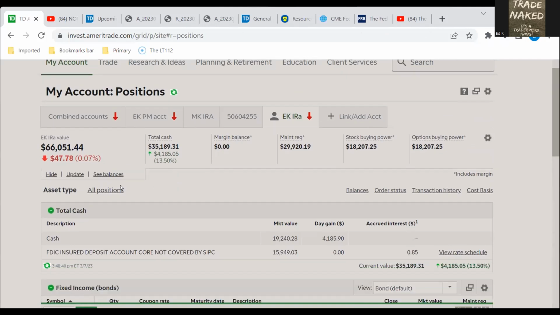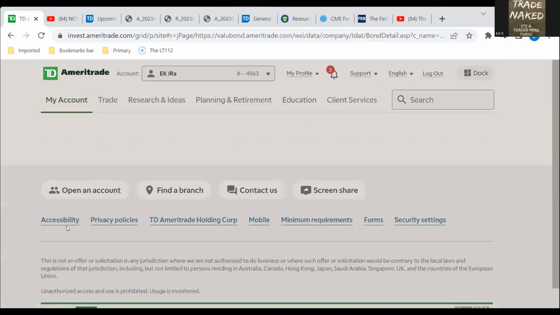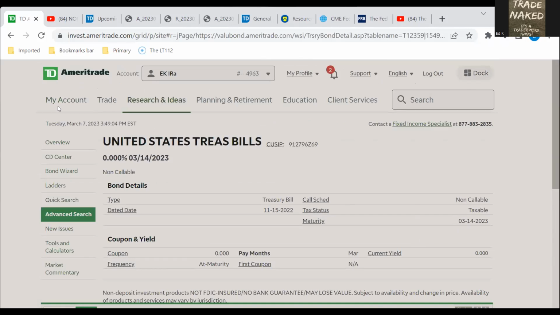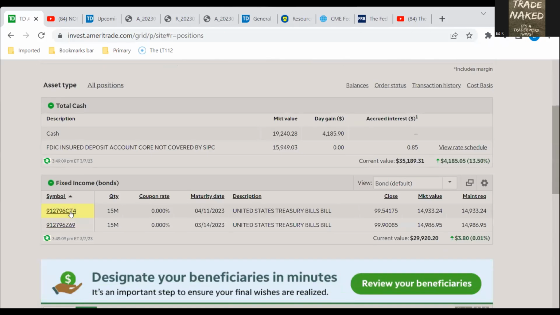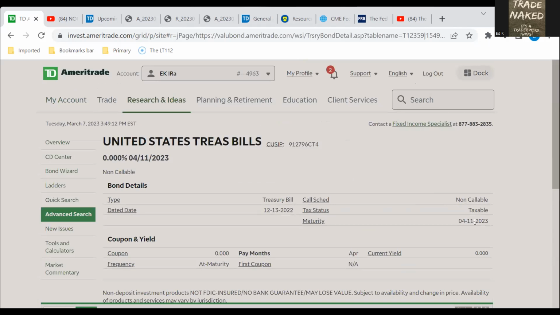Yeah, and that honestly is one reason I like doing the 4 and 8 week, because I always have one maturing within a month, and then I always have one maturing after that. This one matures in a week on the 14th. This one matures in 5 weeks on April 11th.